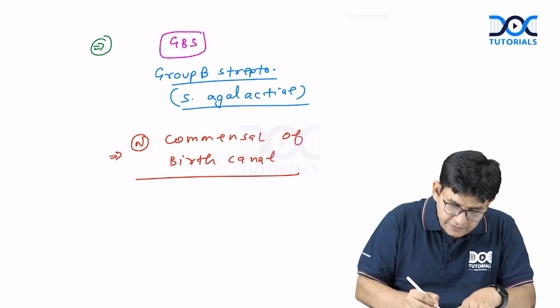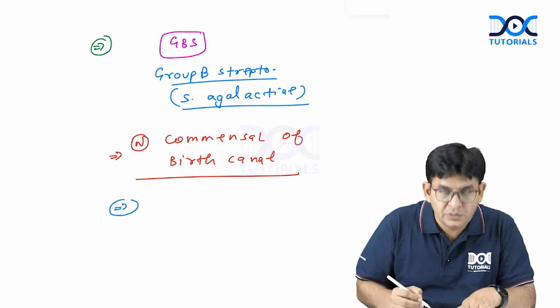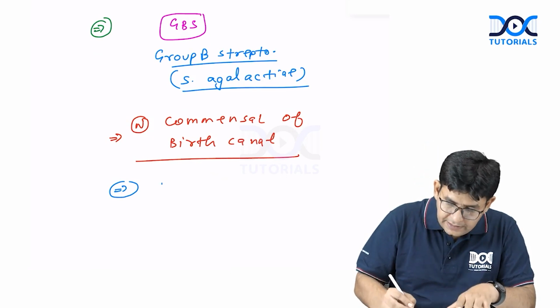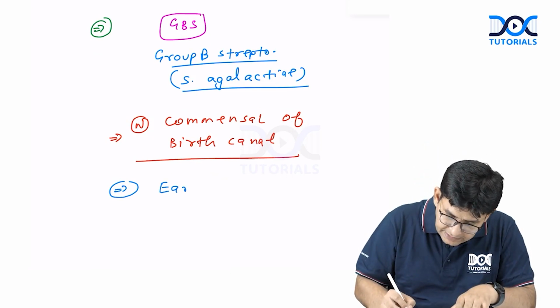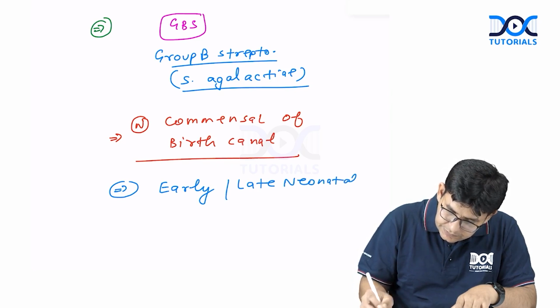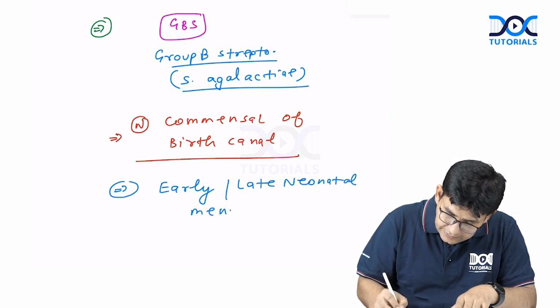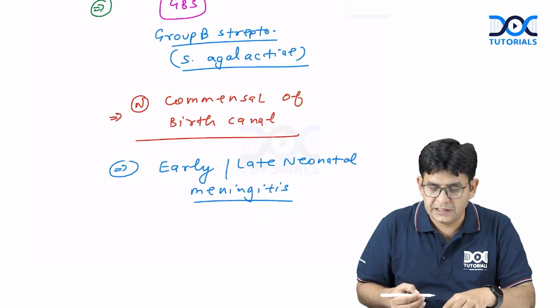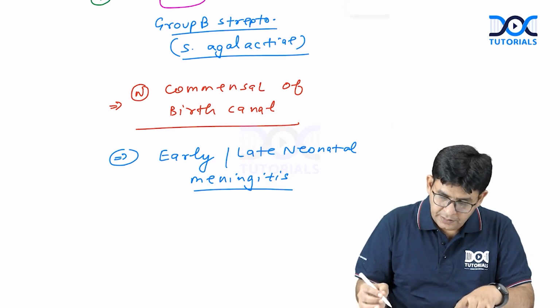While the child is passing through the birth canal, it acquires the infection of this bacteria and lands up with either early or late neonatal meningitis. Early or late neonatal meningitis is caused by this group B strepto, that is Streptococcus agalactiae.